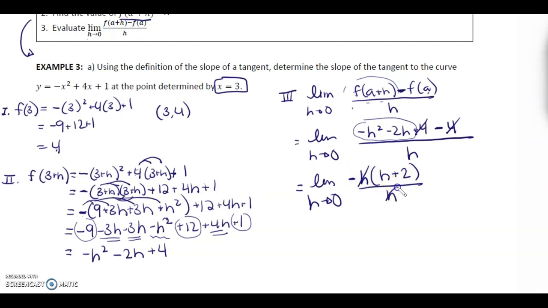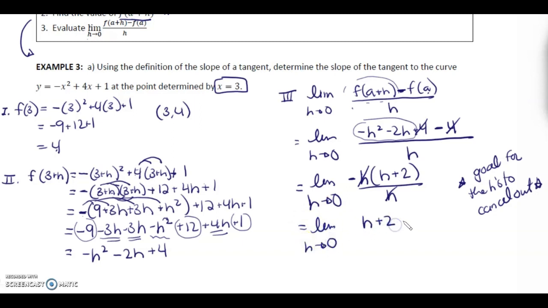Okay, these two h's cancel out. This is your goal, for the h's to cancel out. There should no longer be an h in the denominator. So now we have negative (h plus 2). I'm just going to do every single step this time.